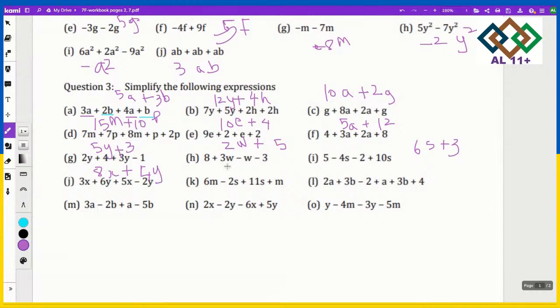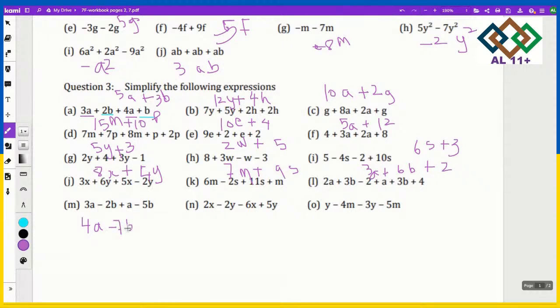Then you have k, that would be 7m plus 9s. Then you have l, that would be 3a plus 6b plus 2.